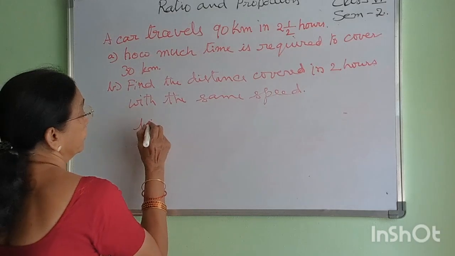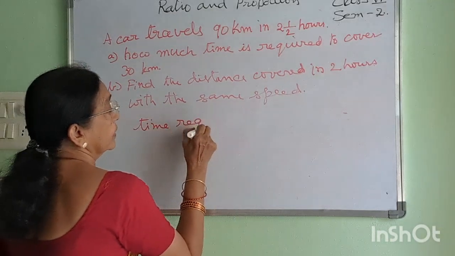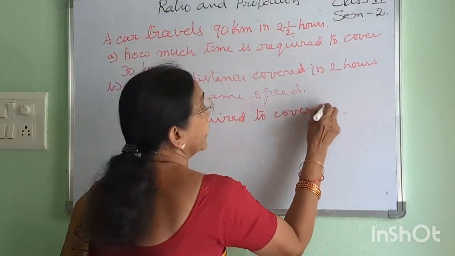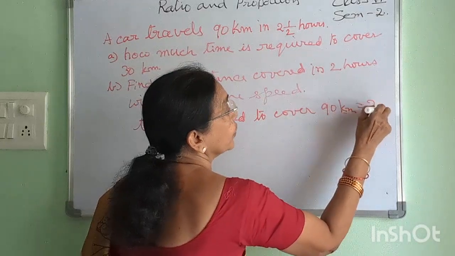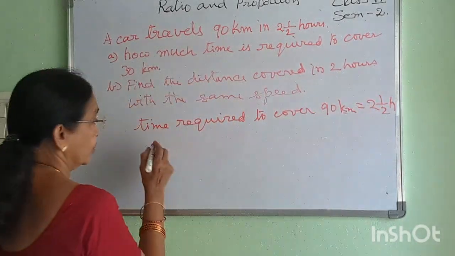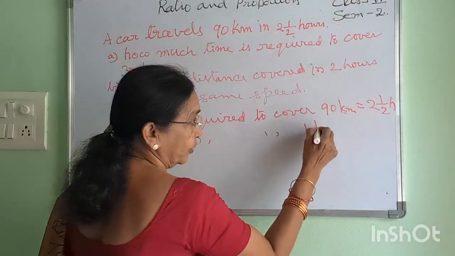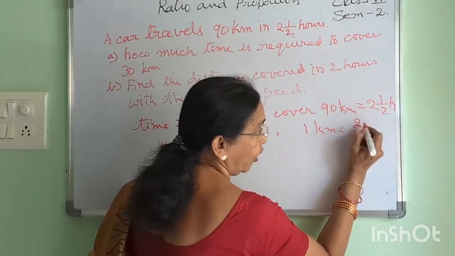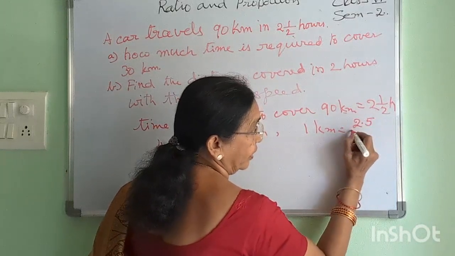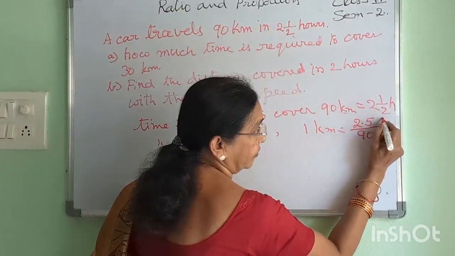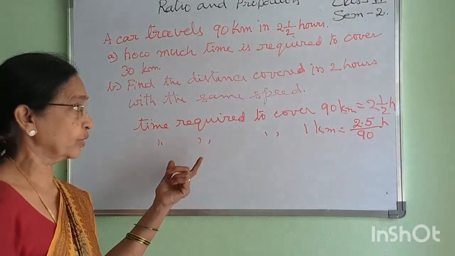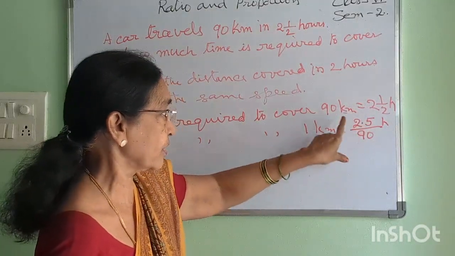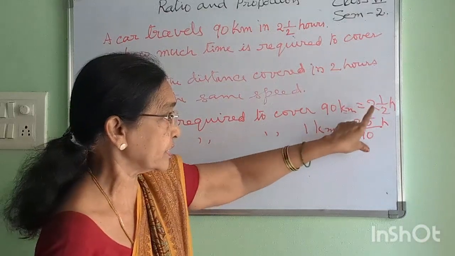So time required to cover 90 kilometers is equal to 2.5 hours. So time required to cover 1 kilometer is equal to 2.5 by 90 hours, because time required to cover 90 kilometers is 2.5 hours.